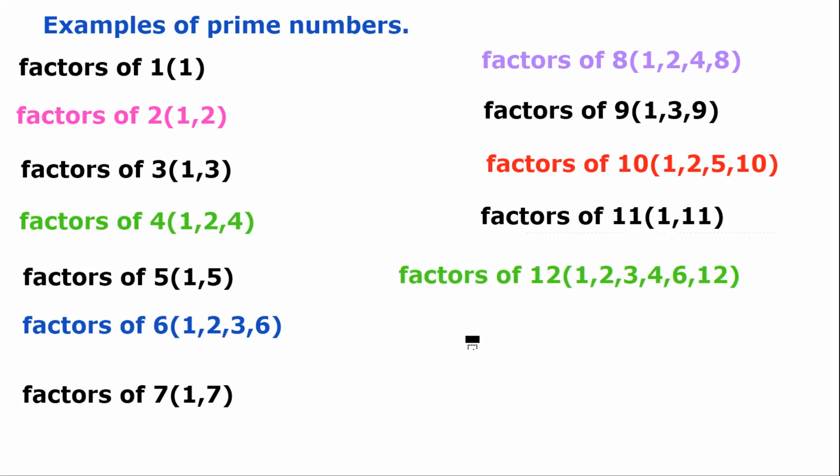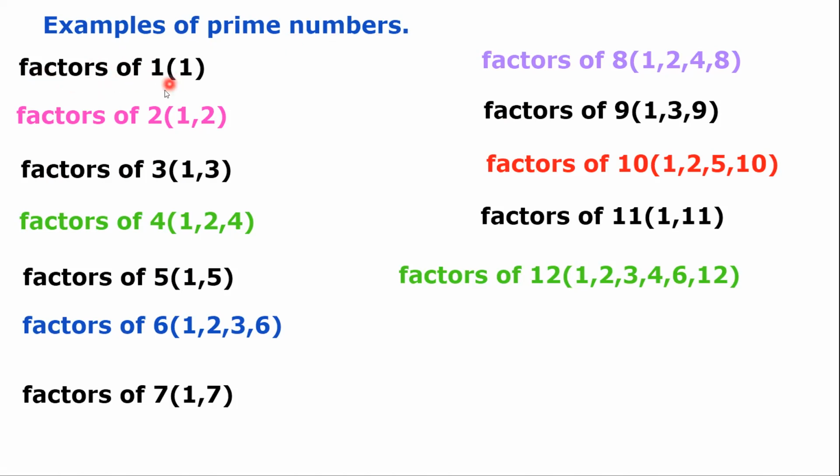So now we have the list of numbers 1 to 12, and based on the factors of the numbers, we can identify which numbers are prime numbers. Okay, so let's see examples of prime numbers here.